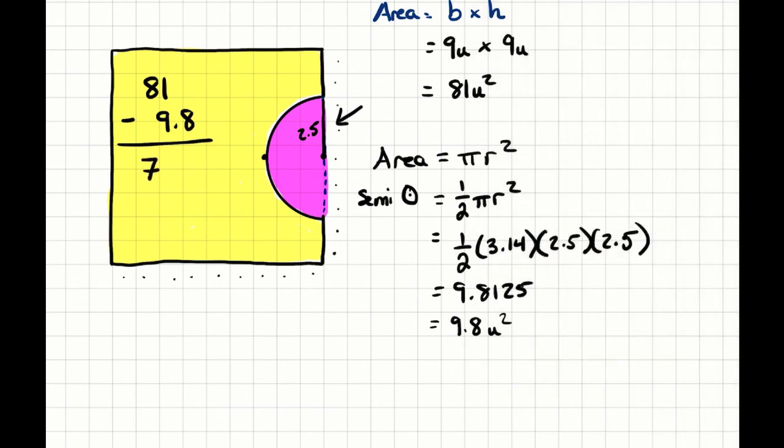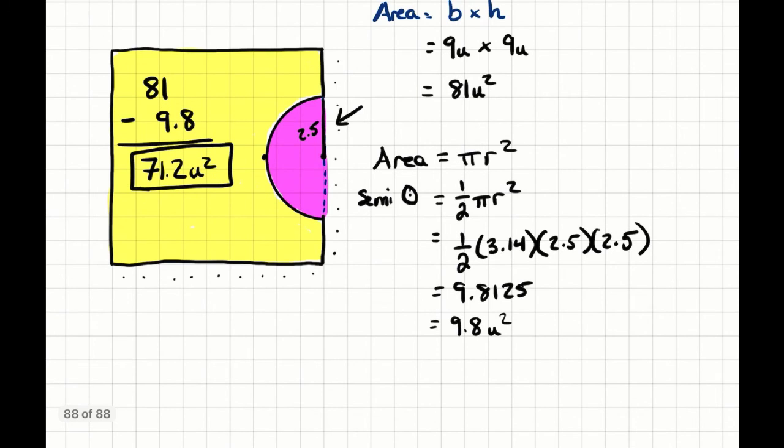That tells us that we have an area of 71.2 units squared, and that is the yellow region. So knowing how to work with circles can be useful, especially in scenarios like this, where you're trying to subtract part of a figure that may end up being part of a circle.